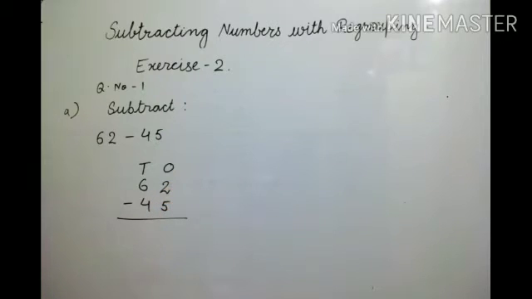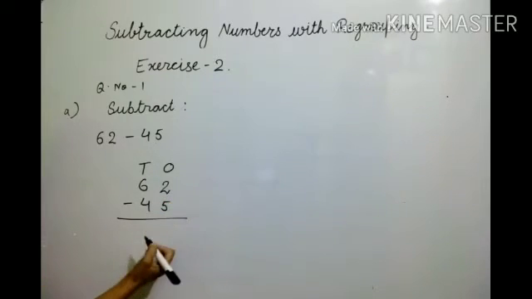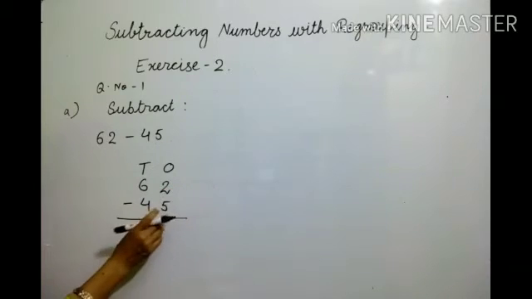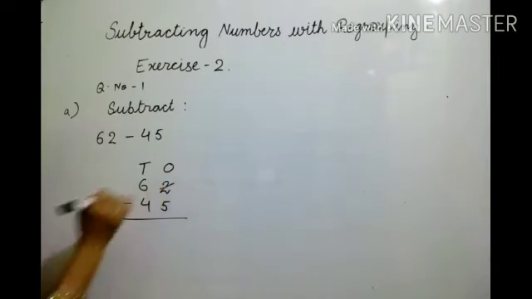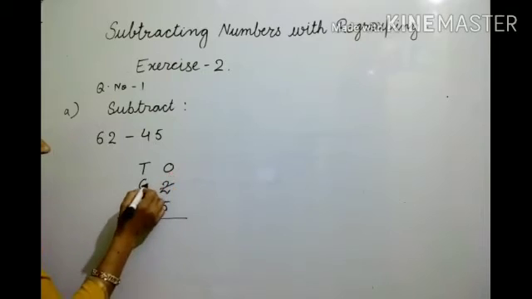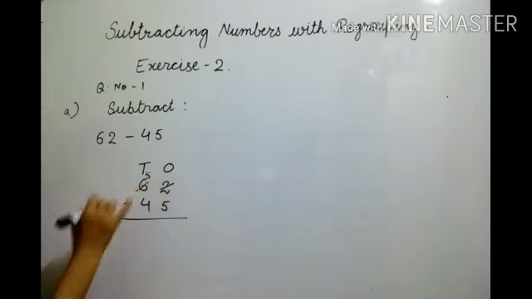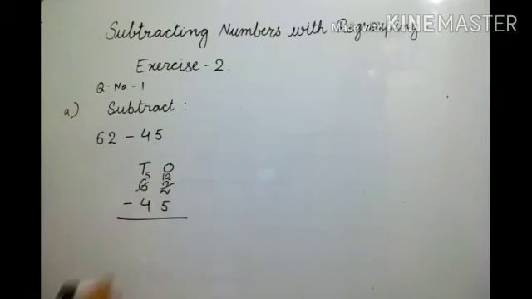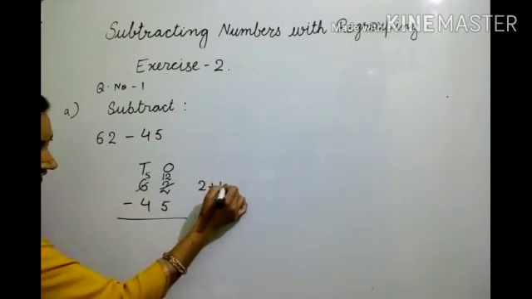Now we will start subtracting. 2 minus 5. We cannot do 5 minus 2, because we always subtract from the upper number. So the upper number is small. We will make it a big number by taking borrow from 6. 6 will give 1, so 5 will be left here. And here it becomes 12, as 2 were already there and 1 ten is coming.